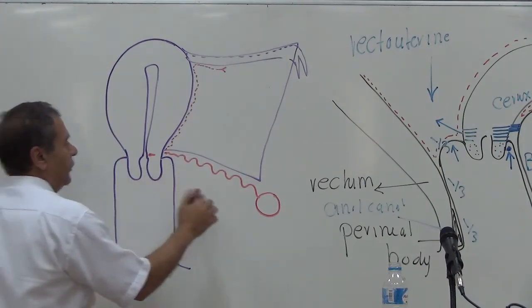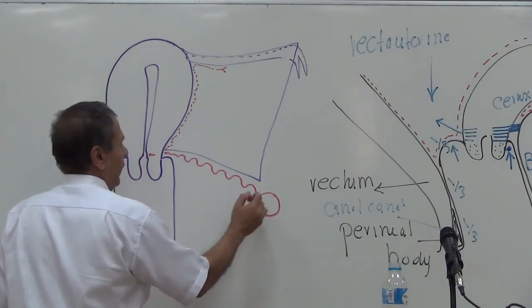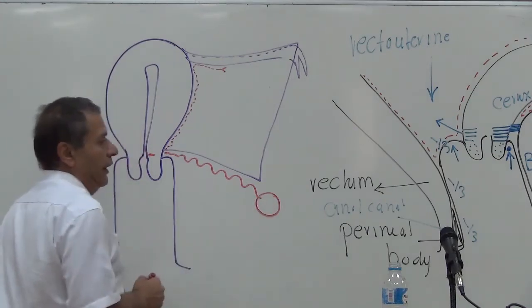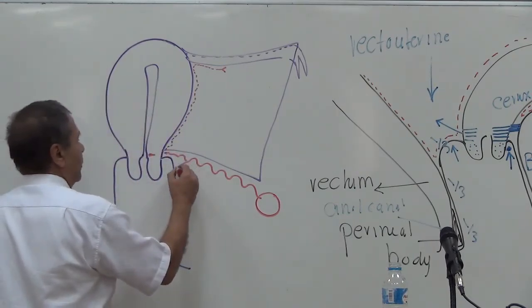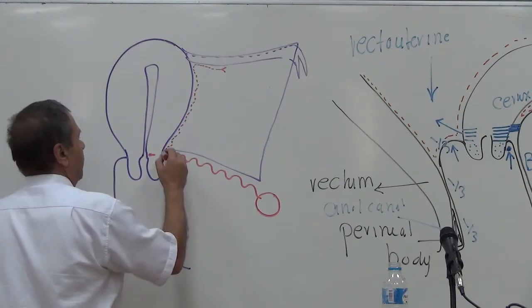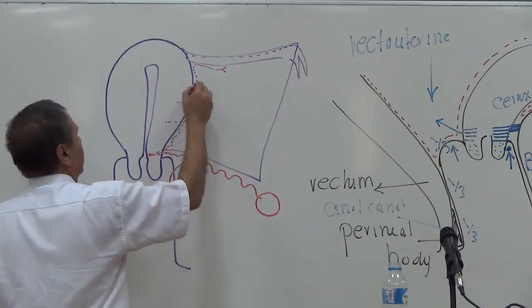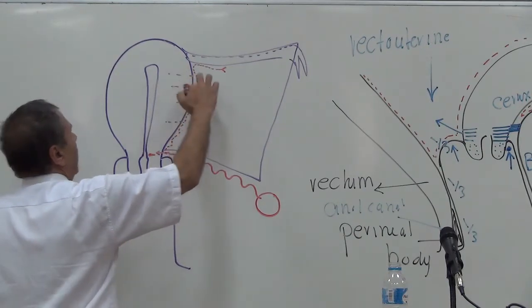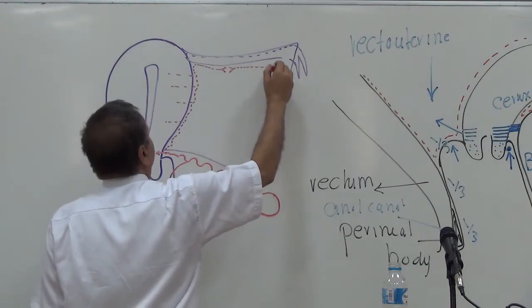The uterine artery is the branch from the internal iliac artery. It gives the vaginal branch to the vagina. It gives the cervical branches, and it also gives uterine branches to the body of the uterus. Its terminal end anastomoses, as you know, with the ovarian artery.